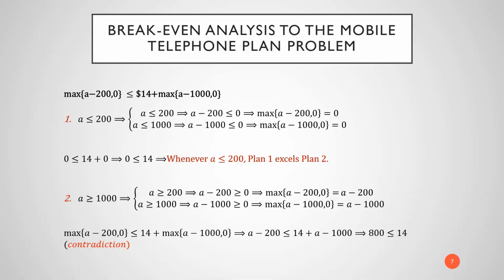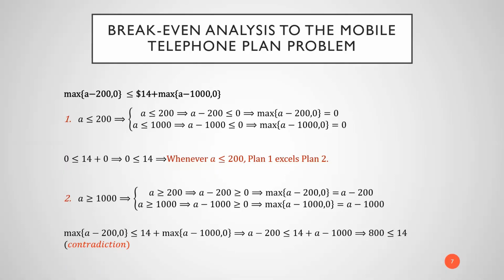If A is less than or equal to 200, it is definitely less than 1000 as well. Again, make examples for more understanding of the situation. In this case, A minus 200 is a negative number, and also A minus 1000. What is the maximum of a negative number and 0? It is 0.